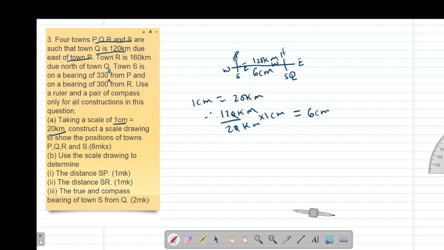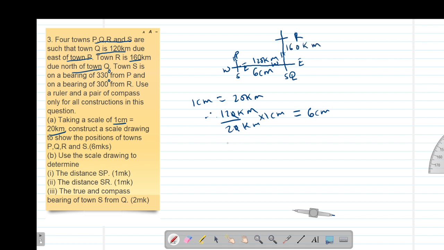Then we are told that town R is 160 kilometers due north of Q. So if this is town Q, its due north will be this particular line here. So this one should take us to another town that we are calling R. So the distance from Q to R is 160 kilometers.